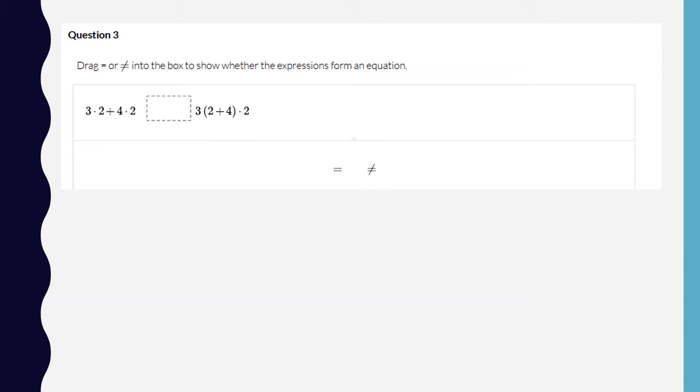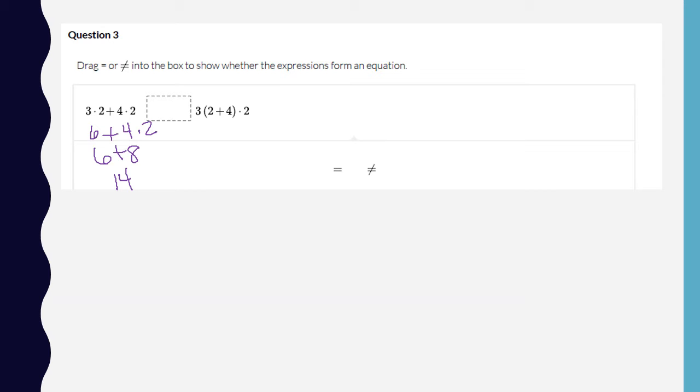Okay, on the left-hand side, we have 3 times 2 plus 4 times 2. So 3 times 2 gives us 6 plus 4 times 2. Now we're going to do our next multiplication. 4 times 2 is 8. 6 plus 8 is 14.